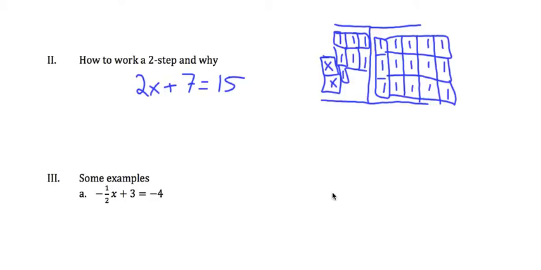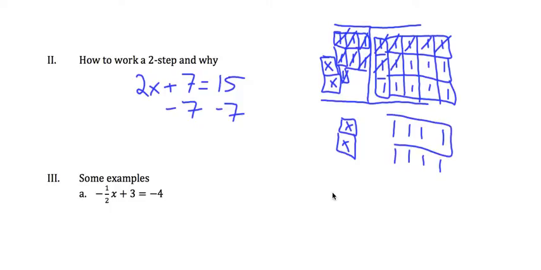But we don't want to do that right away. What we want to do instead is subtract 7 from both sides, and I'm going to show it over here. So now what we've got left is 2 x's over here equal to 8 singles over here.